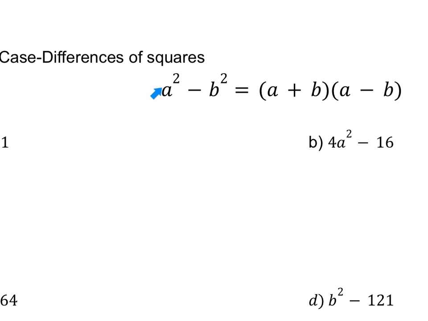Whenever you take the square root of a squared, you get a, so they put an a first. And whenever you take the square root of b, don't worry about the negative at this point, they put that term second in both sets of parentheses. And then they put one parenthesis with the plus sign, one parenthesis with the minus sign.